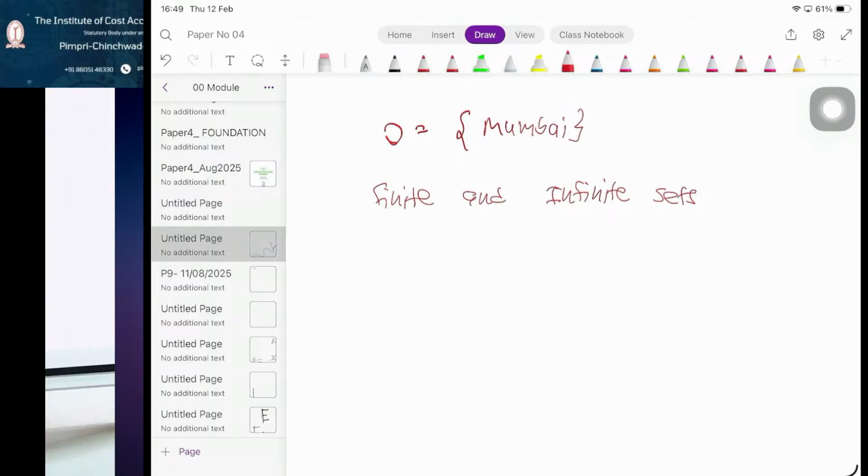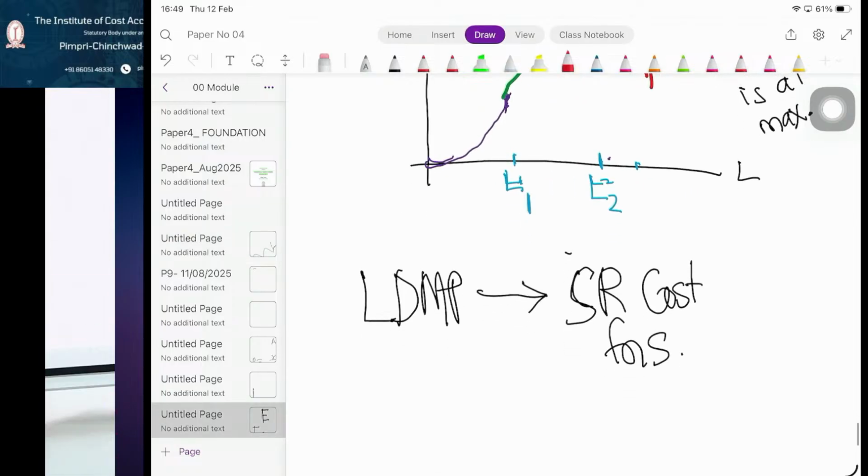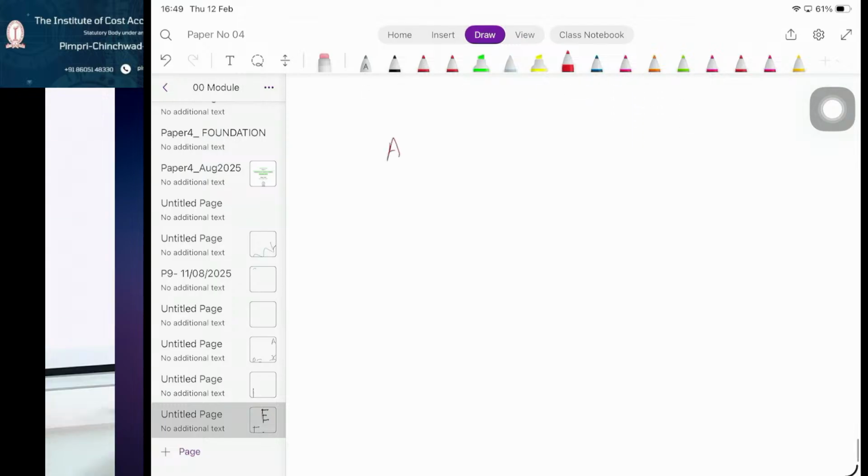Example: A is equal to A, D, E, F, that's all. So this is called as a finite set. Or if I use a word, say the word is morning, M-O-R-N.